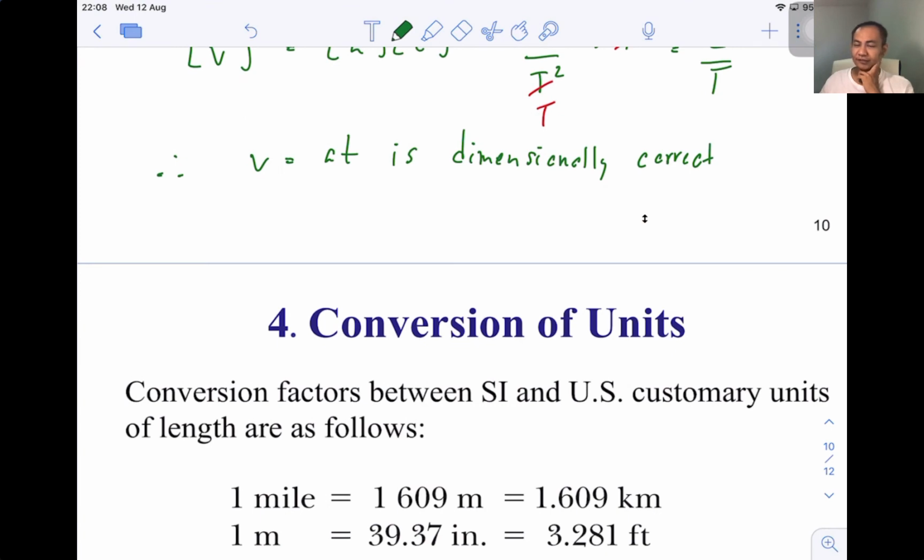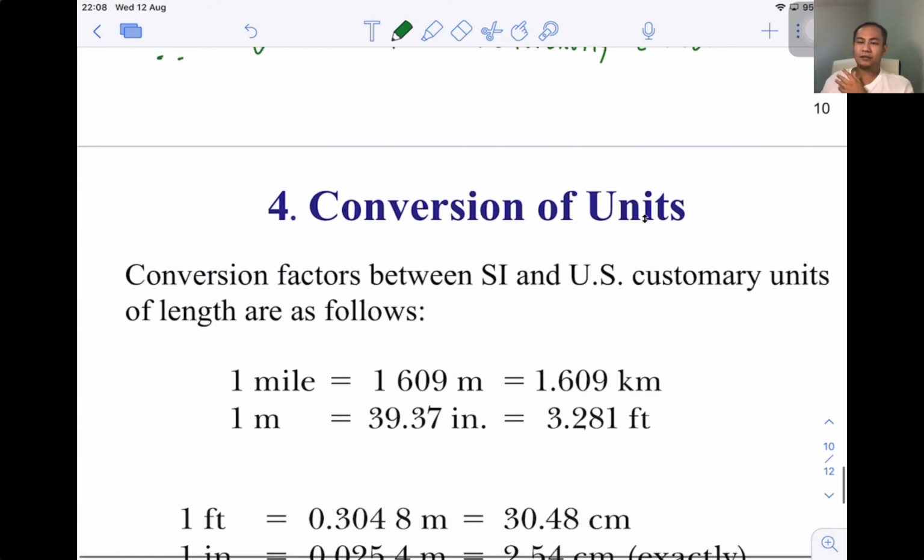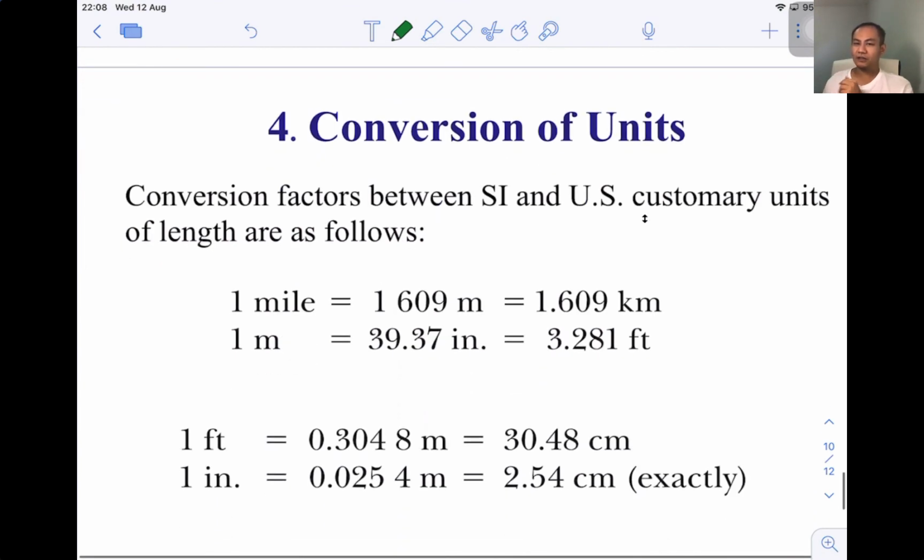So next, the thing that you should know in the fundamentals of physics before you start chapter 1 is the conversion of the unit. The conversion of the unit is like if you live in the States, like in USA, people use mile for the length, like 1 mile. But in Thailand, we use meter or kilometer. So you might need to know how to convert.